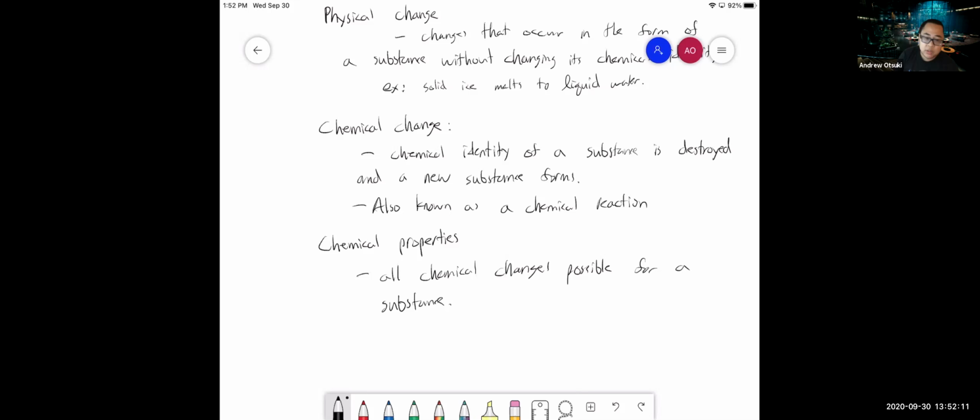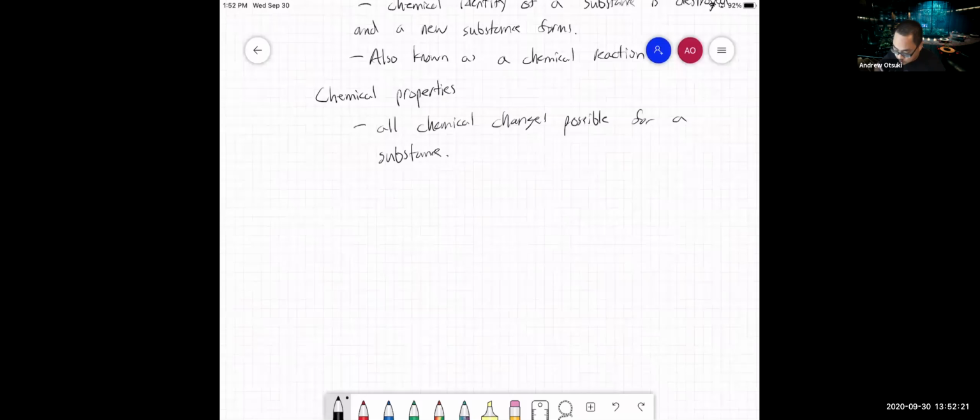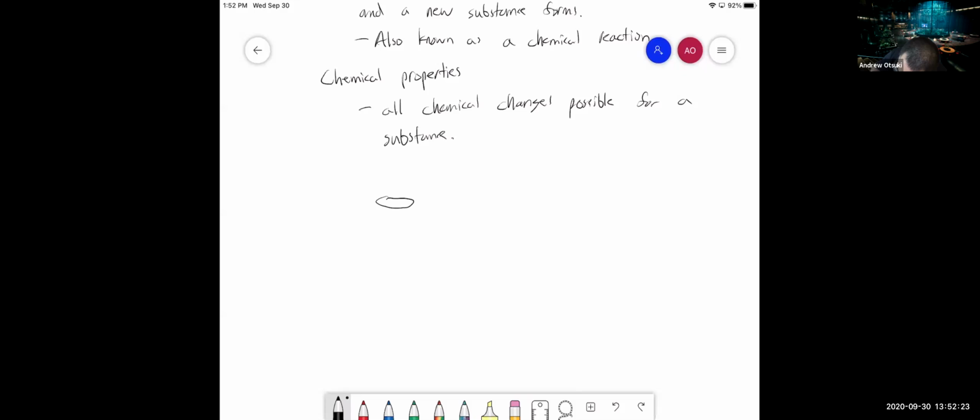Okay. So I talked about physical change, like when we go from a solid to a liquid to a gas. So, for example, if we evaporate water, we see our water molecules in this beaker, and here it's a solid. So let's just redraw that.